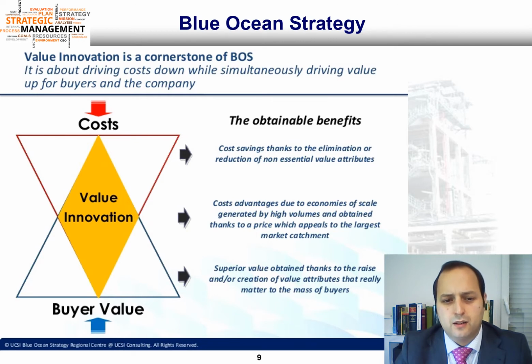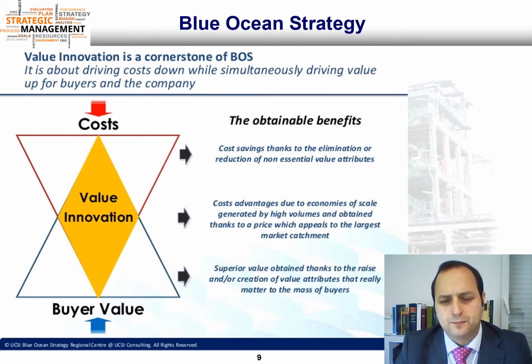You can achieve value innovation through cost advantages due to economies of scale. You have to think that this kind of blue ocean strategy is focused on high volumes. The cost advantage from economies of scale is generated by high volumes and obtained thanks to a price which appeals to the largest market catchment.